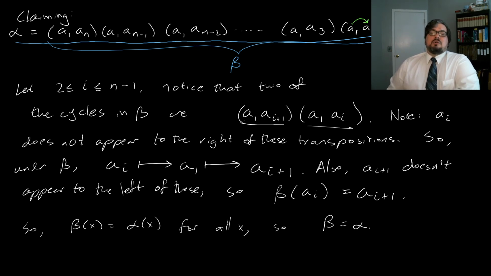So this has shown that we can write any cycle as a product of transpositions, and therefore we can write any permutation as a product of transpositions. Now, as I mentioned, this decomposition into transpositions is highly non-unique.